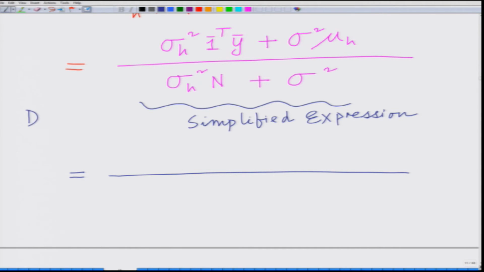So, divide numerator and denominator by sigma h square, the product of sigma h square and sigma square.